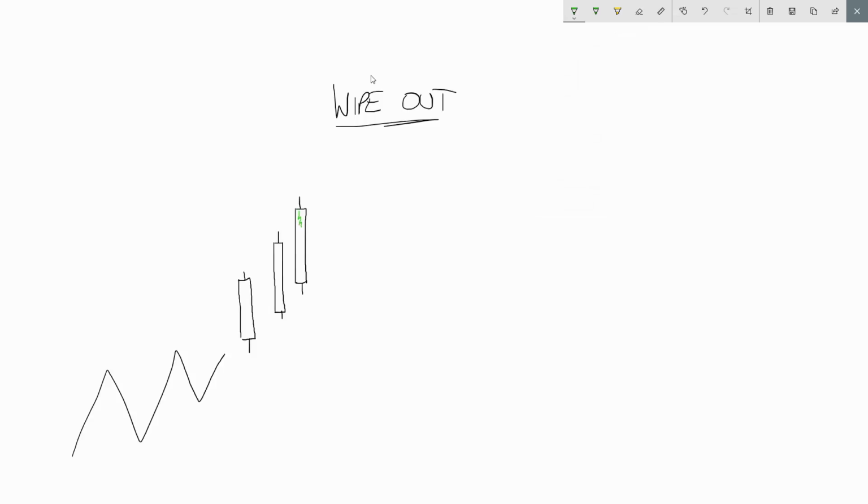So these are green candles. What we have here is this strong movement in the up direction we want to see. So after this great movement, what we now have is this, and this is a red candle.